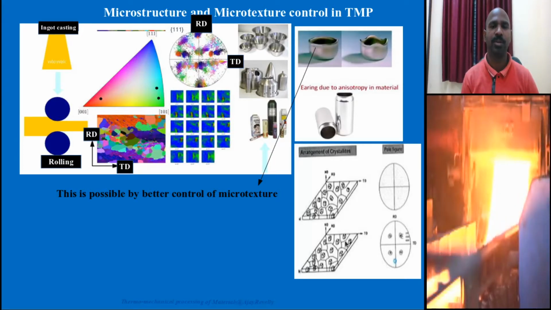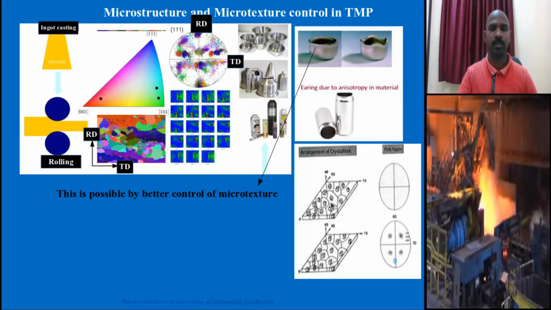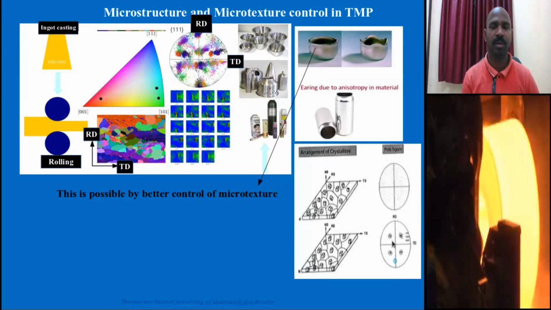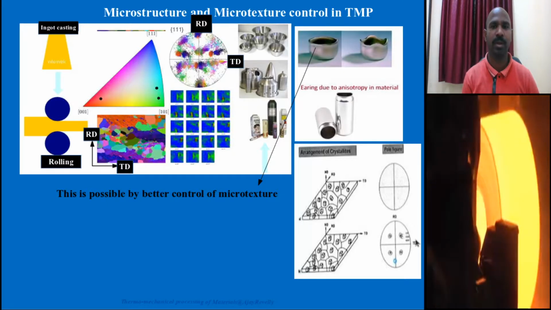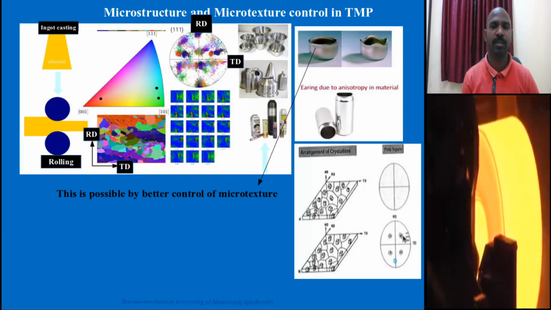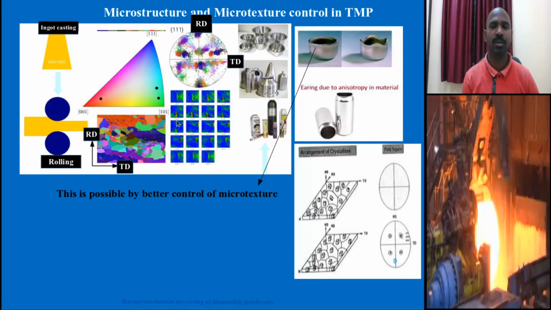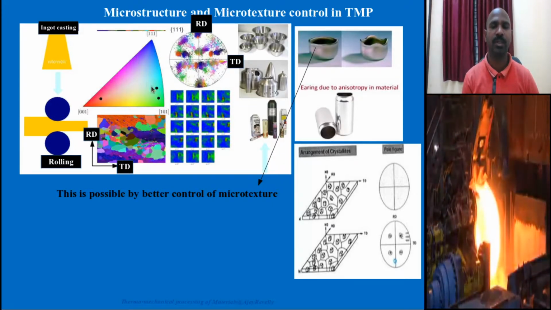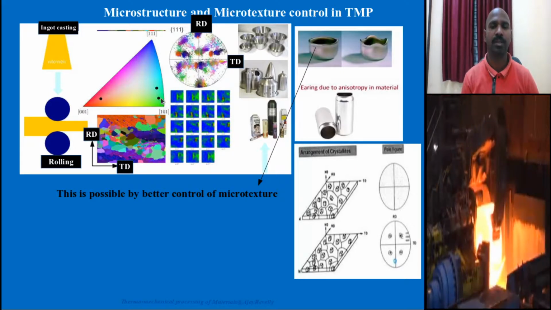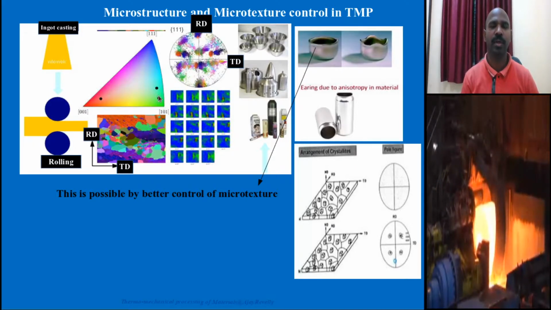All are in a preferred orientation, whereas here randomly oriented grains are there. Then in this pole figure between the rolling direction and transverse direction, this is a 001 pole figure, and this is the inverse pole figure related to 101. So it has the highest strength.